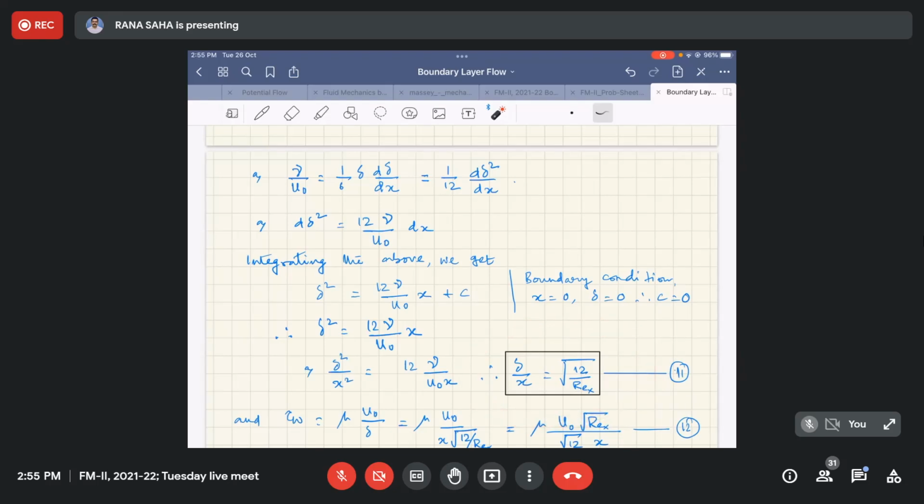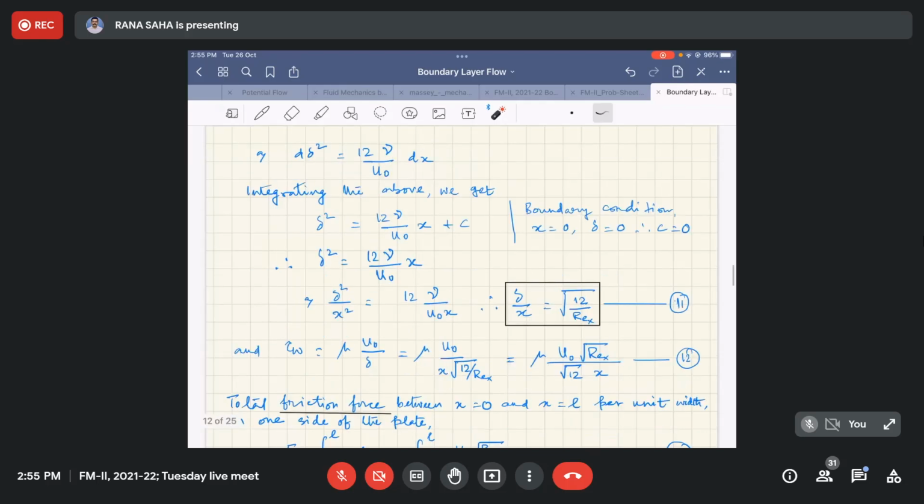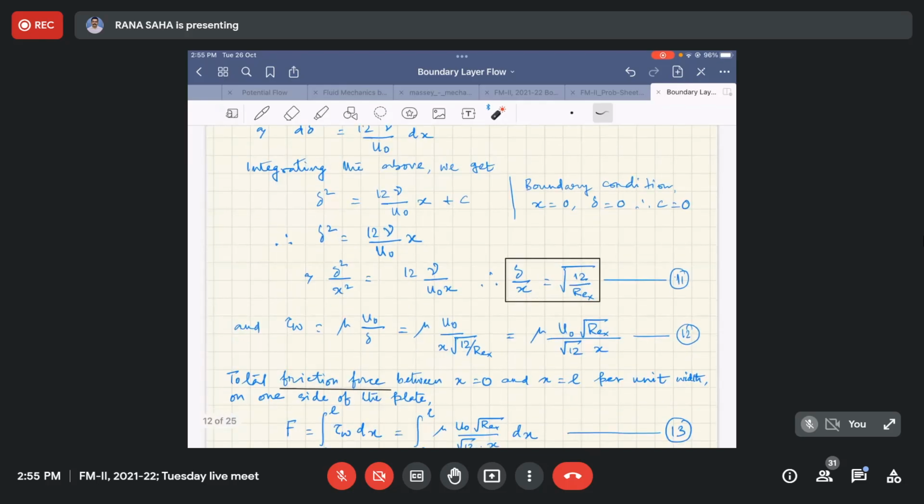So that actually gives us a relation from momentum integral equation, and thereby you can write down by recalling Newton's law of viscosity, from where you can write the wall shear stress tau w as equals to mu times the gradient normal to the direction of velocity, that is here U naught by delta.